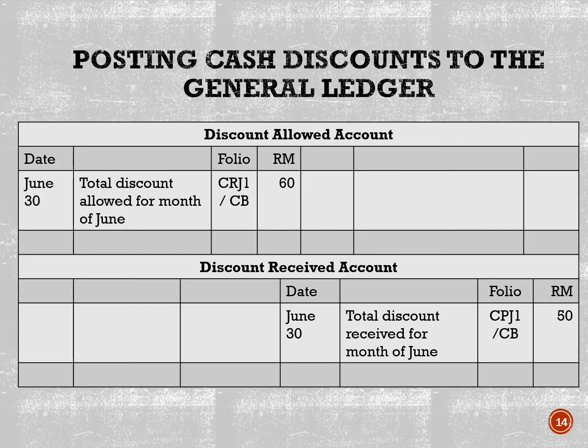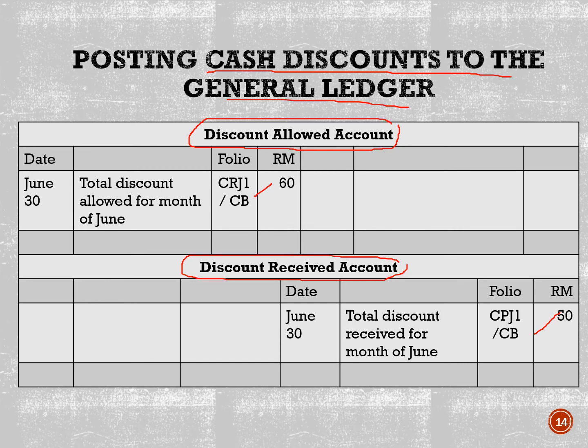So posting cash discount to the general ledger. So disebabkan ada discount, so kita kena buka dalam general ledger discount allowed and discount received, which amounted to the yang kita dah stated dalam soalan.